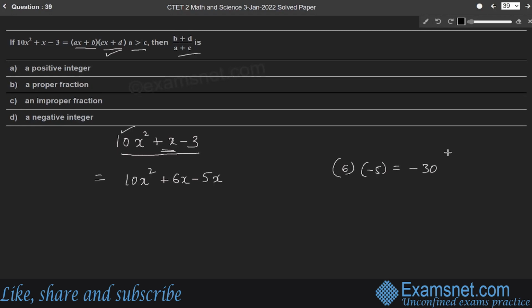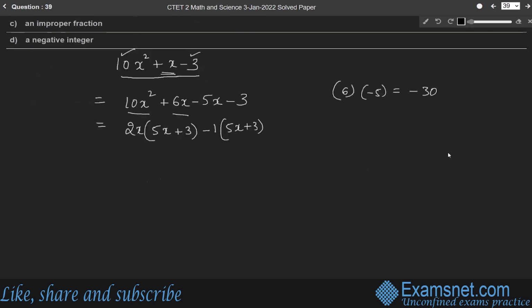Therefore, it is 10 into minus 3. Right? So, plus 6x minus 5x minus 3, here the common term is 2x into 5x plus 3 minus 1 of 5x plus 3.